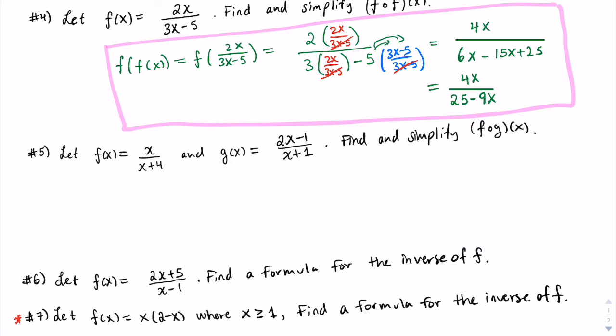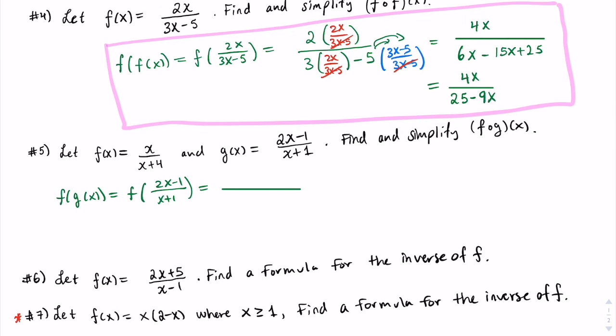For number 5, I give you two functions and I ask you to find and simplify this composition. So it will be f of g of x. G of x is 2x minus 1 divided by x plus 1, and f of that will just be x divided by x plus 4.